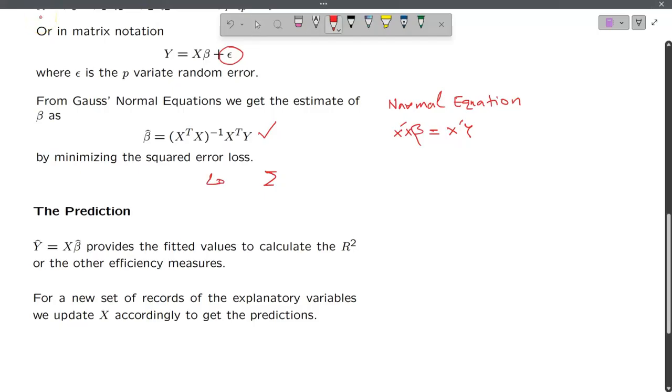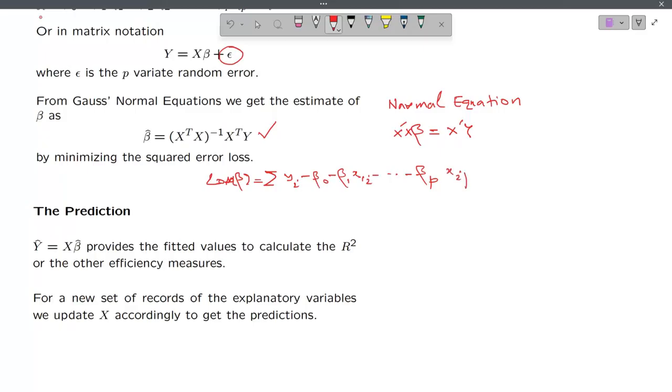The loss at beta equal to summation of yi minus beta 0 minus beta 1 xi1 minus dot dot dot minus beta p xip whole square.